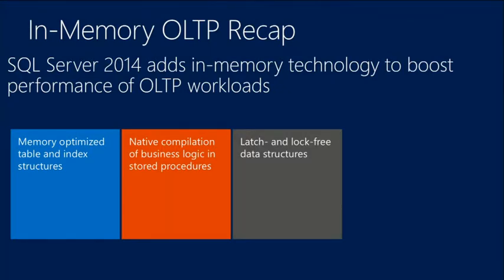Third, our data structures are completely latch and lock free, and also the algorithms we use for transaction processing don't use any locks, don't use any latches. This is great for concurrency. So if you have concurrent transactions, they don't need to wait for each other.